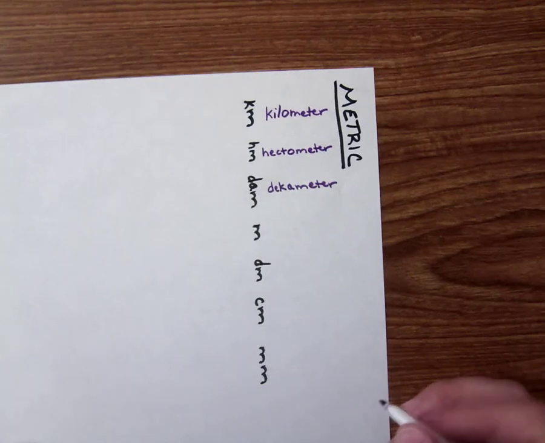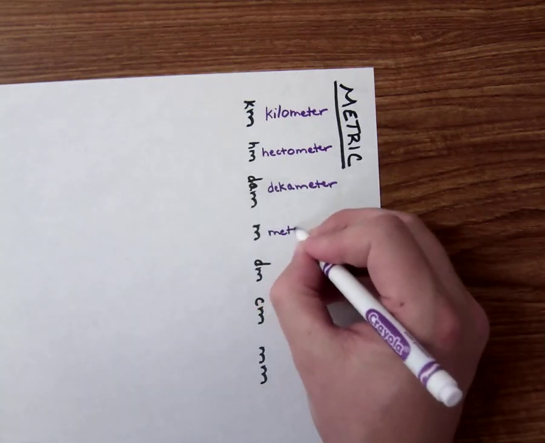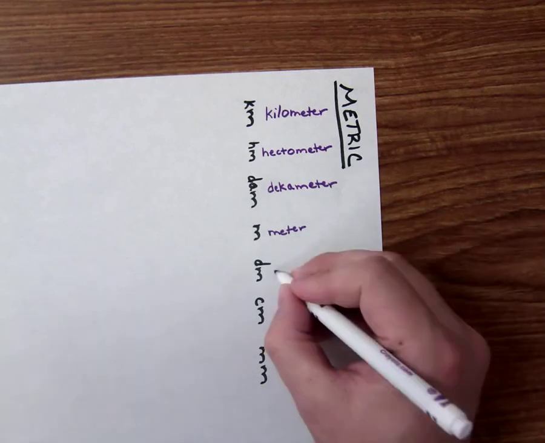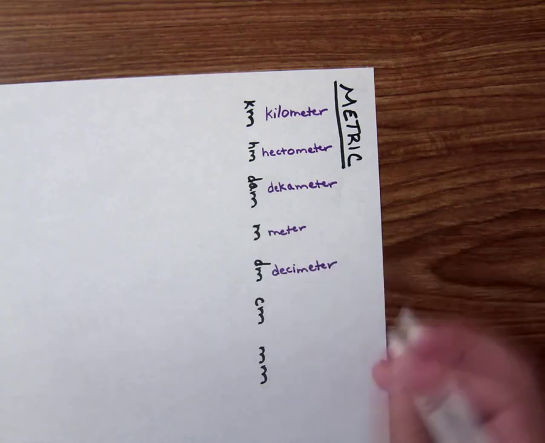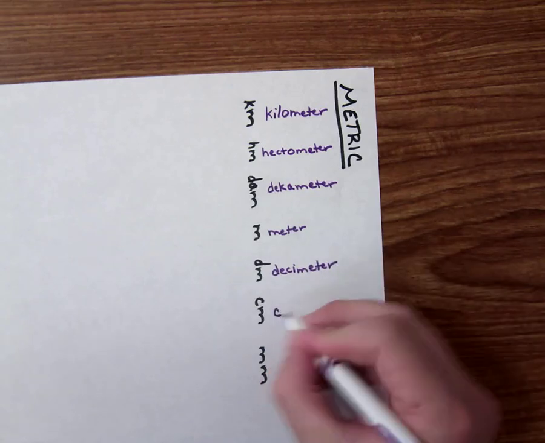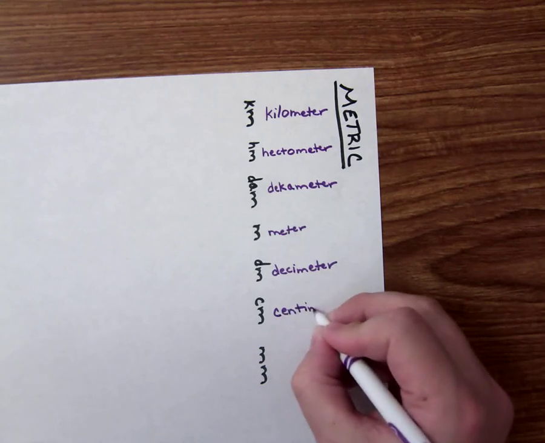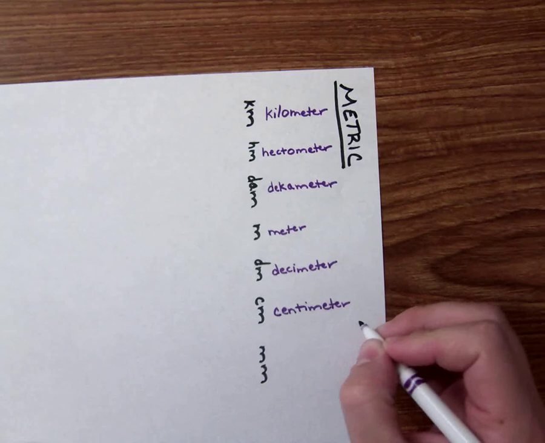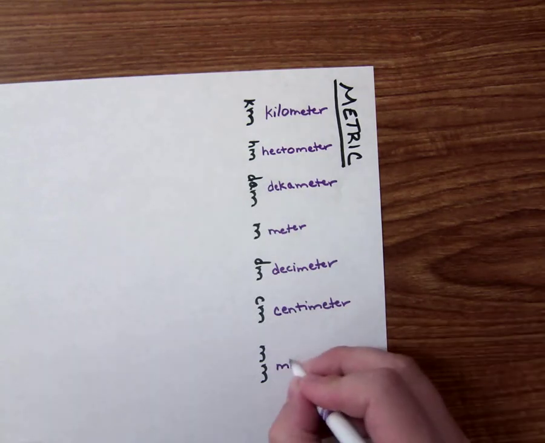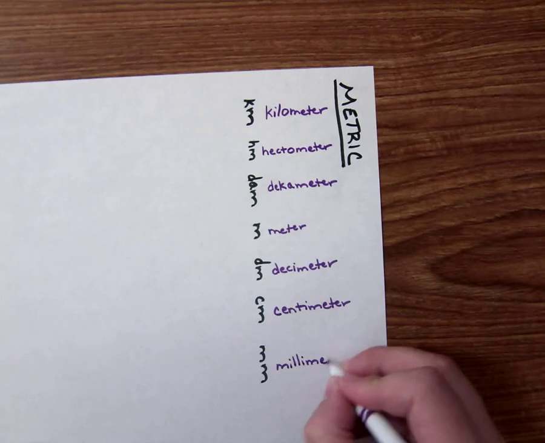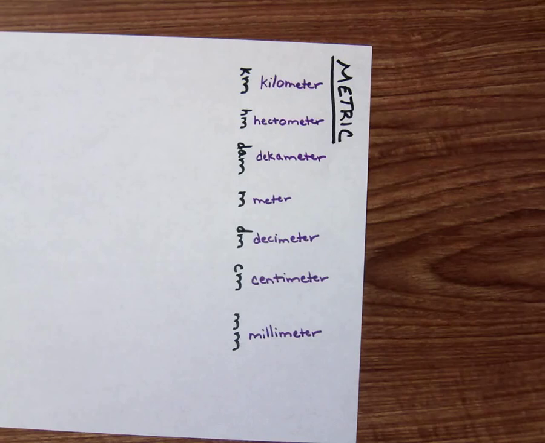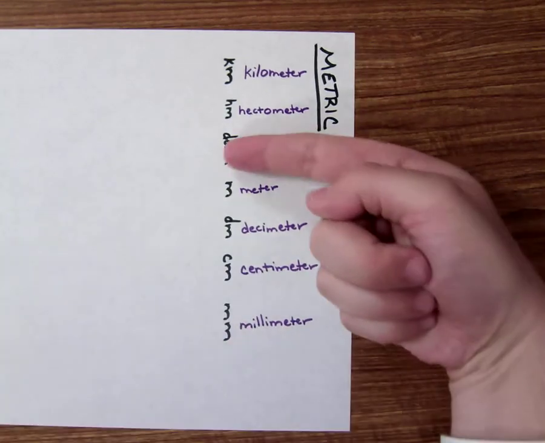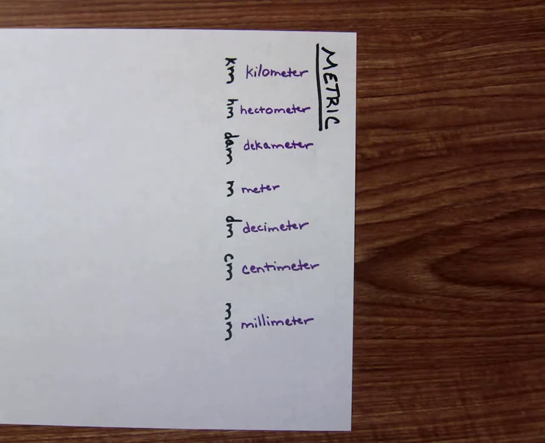M is meter. DM is the decimeter. CM, centimeter. You know what MM is? Millimeter, two L's, M-I-L-L-I. Millimeter. Decameter, DAM.